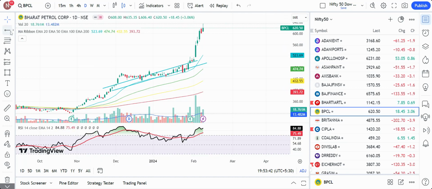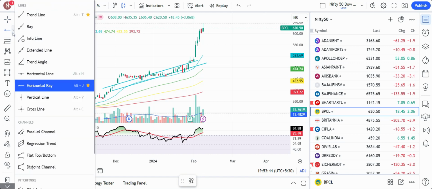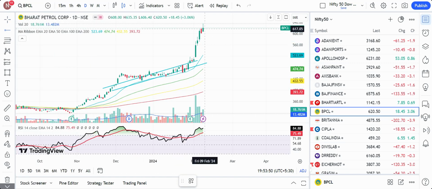Again, go above the highs. What it does is it protects you from an initial spike and a downtrend. Let's say we keep it here at the highs at 635. So you can add another 30-40 paisa, or you can keep it at just 10 paisa above.